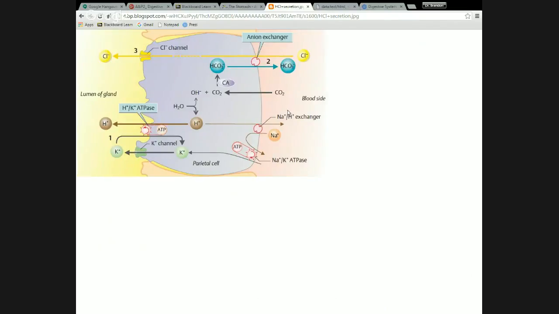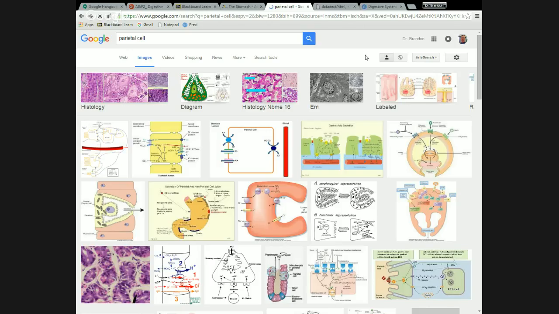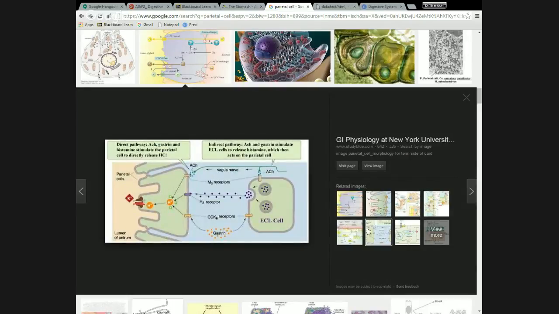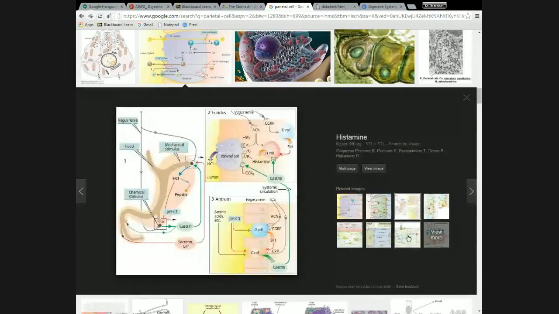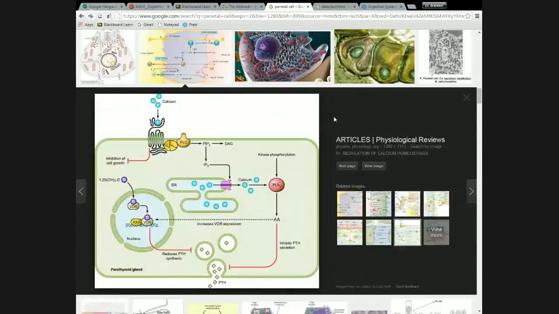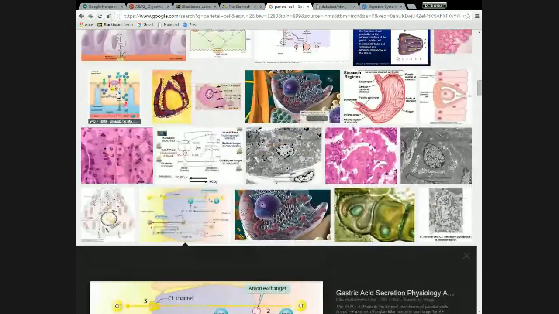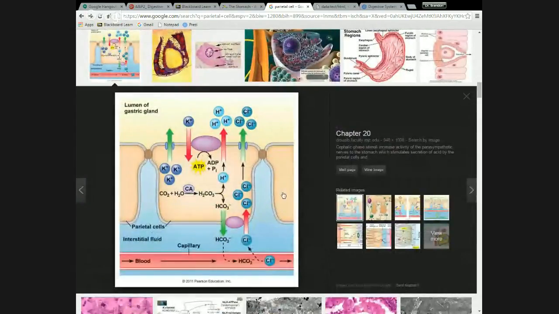So again, hydrogen ions are pumped out. Now the hydrogen ion comes from, oh, this still does the same kind of thing. Sorry, that's not a good picture either. Internet's kind of bad for these things sometimes. Really wish I could remember where I found it. So a lot of these other pictures that I'm pulling up are not good because they go into, this is the one I wanted. Okay, yay, found it.